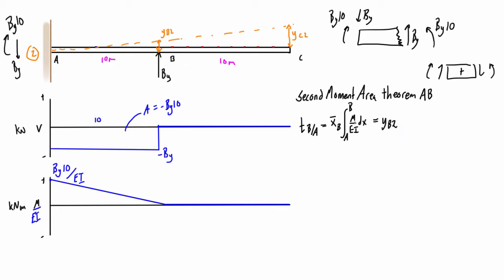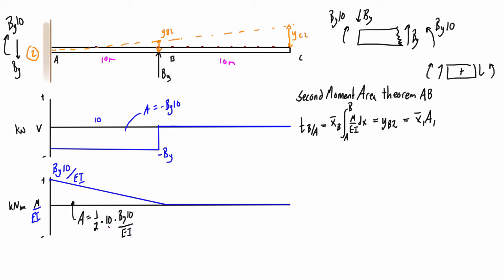And really this is just equal to the area between A and B, which is just a single area, this triangle, times the x bar. So we get x bar 1 times A1. When we think about this, the area of this section is just equal to 1/2 base times height. Well, the base is 10 meters, and the height here is By times 10 over EI.